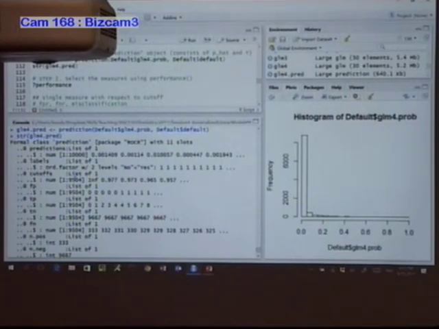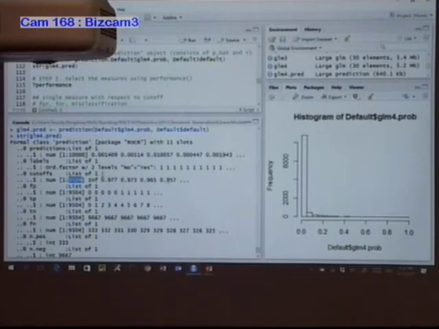Internally, it has already come up with 9,504 different cutoff values. You see the cutoffs? There's a bunch of cutoffs it will try. It automatically comes up with them. It starts from infinity, that's strange, but yes, it starts from very high numbers all the way to 0.